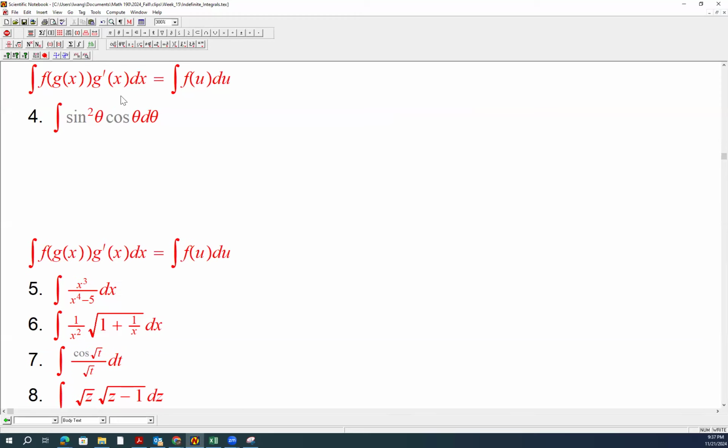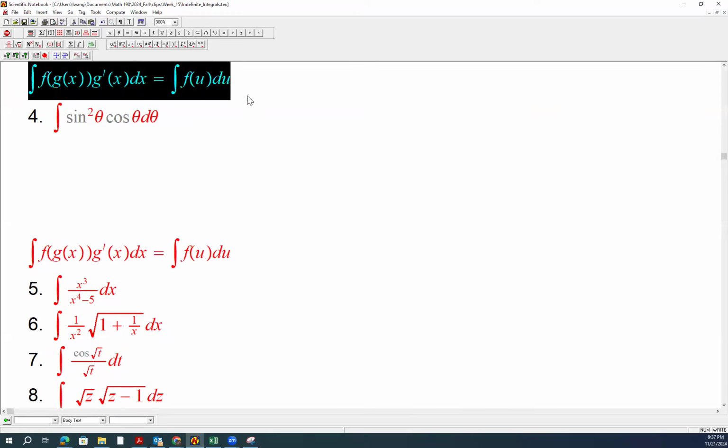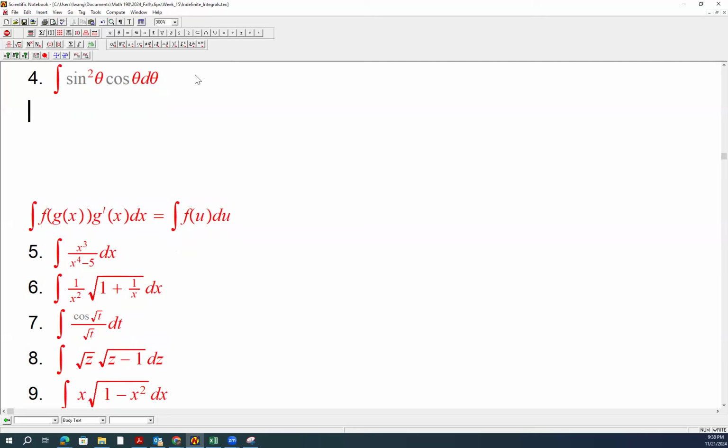Substitution involves the trig functions. Feel free to experiment, but I'm going to just get started. u equals sine theta, and du would be equal to cosine theta d theta, because du d theta equals cosine theta, right?